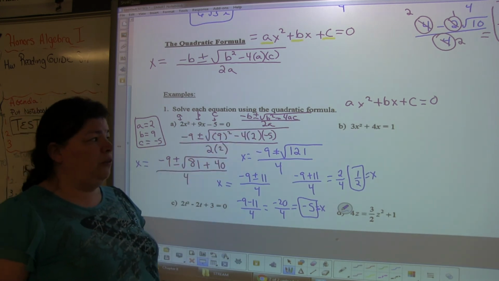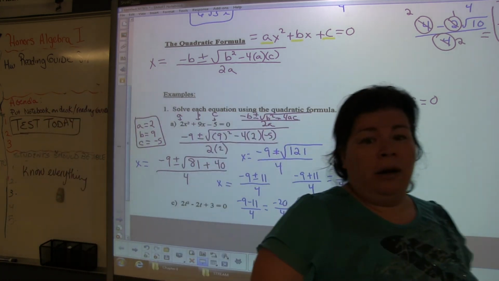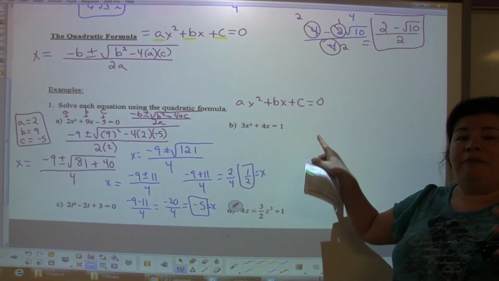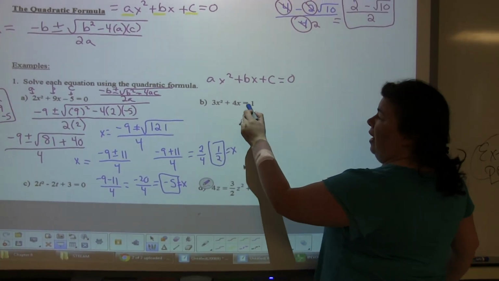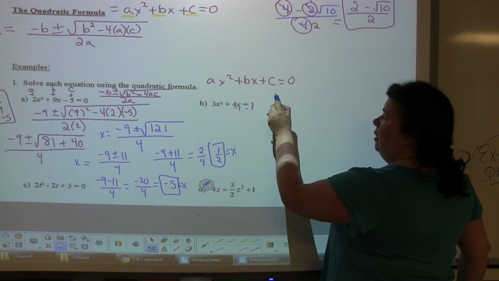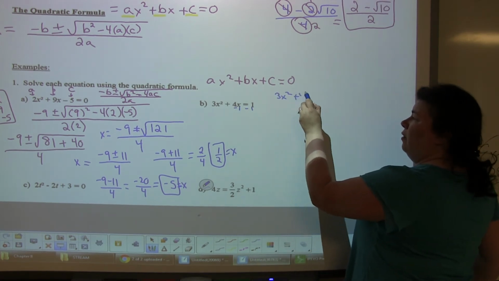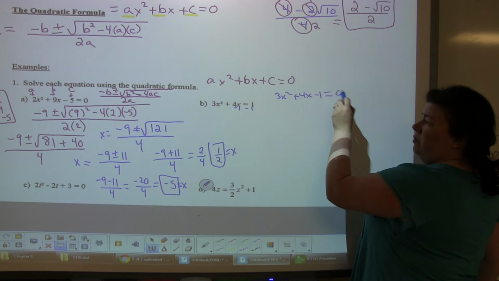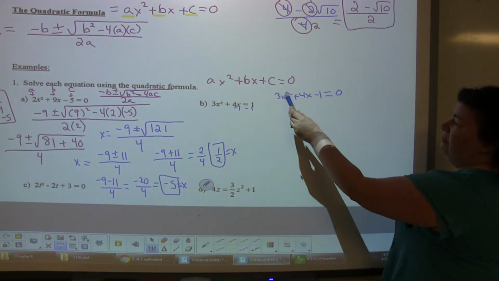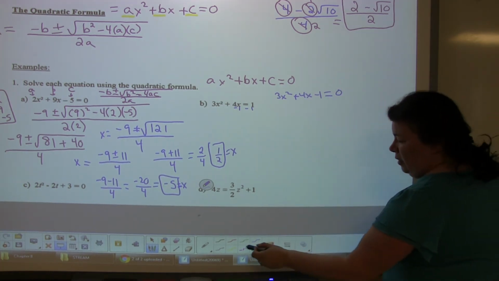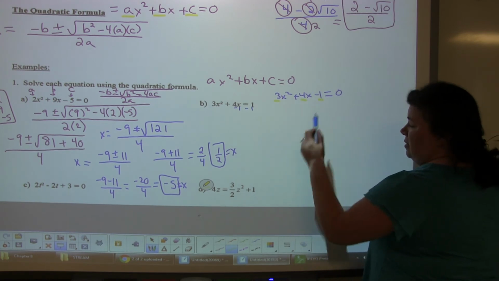So let's go ahead and do b first. If you look here, b is not in standard form, so we have to get it in standard form. So if we subtract 1 from each side, we're going to get 3x squared plus 4x minus 1 equals 0. And now that we have this in standard form, I'm going to identify my a, b, and c value.